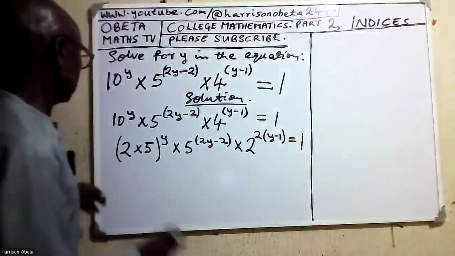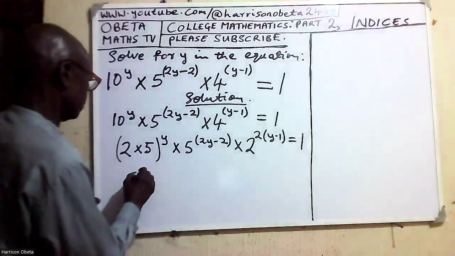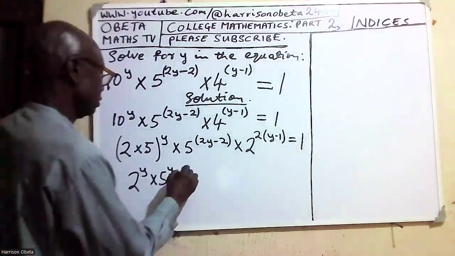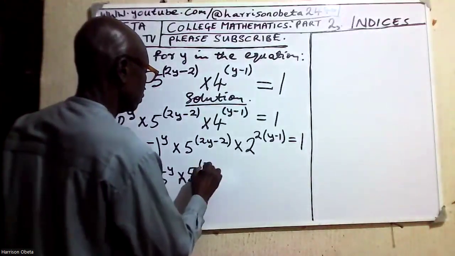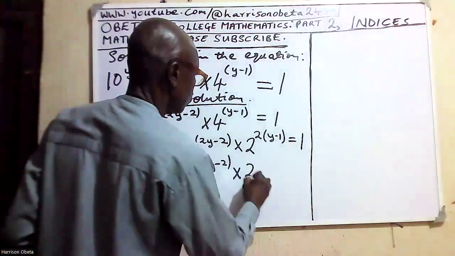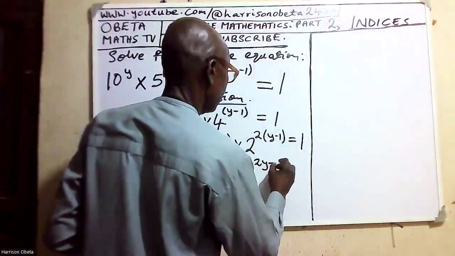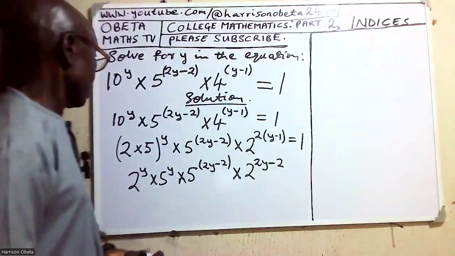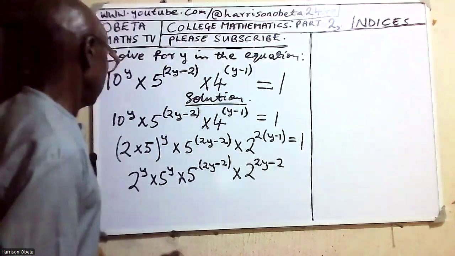Then we move on by separating this, and this will give us 2 raised power y multiplied by 5 raised power y multiplied by 5 raised power 2y minus 2 multiplied by 2 raised power 2y minus 2. That is multiplying this and then separating all of them in order to bring like terms.